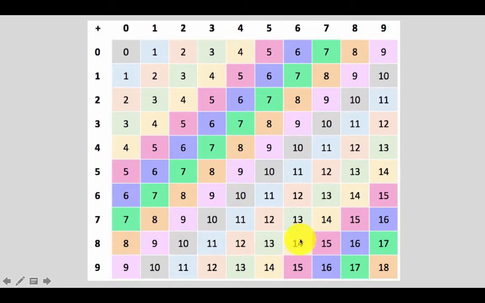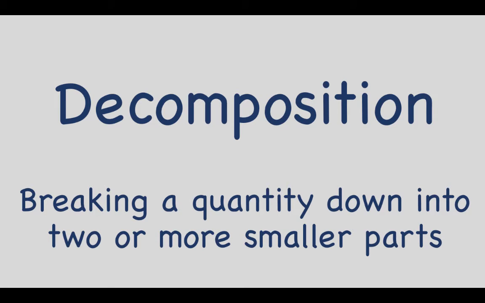When students understand this, they will be well on their way to a deep understanding of the base 10 number system. It is worth mentioning that some students may adapt the decomposition strategy from stage 13 when adding two-digit numbers to two-digit numbers.